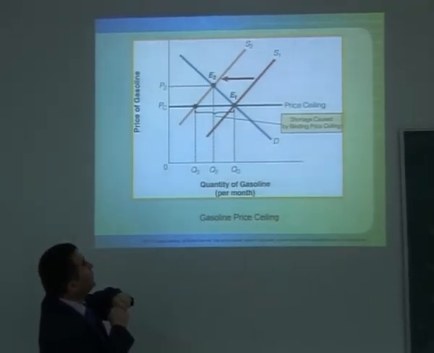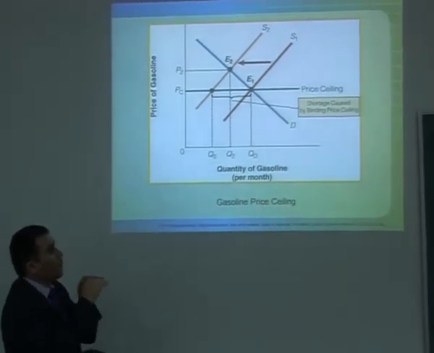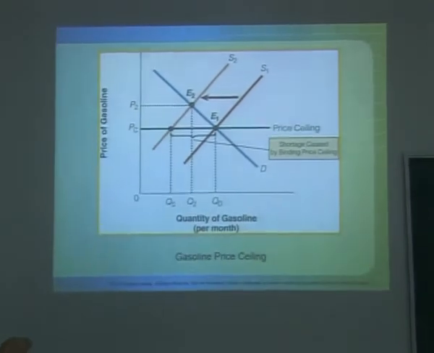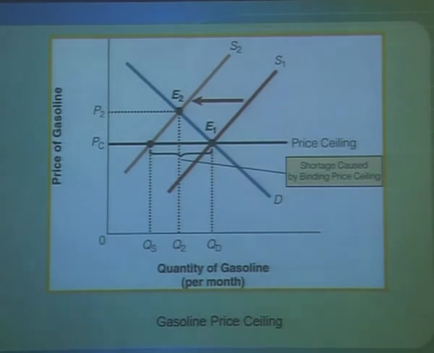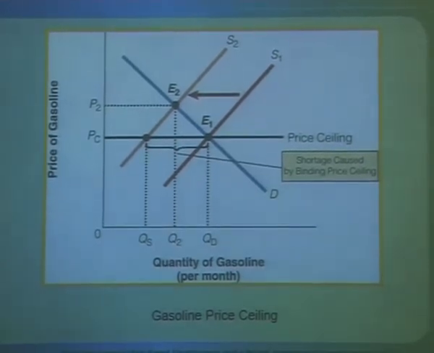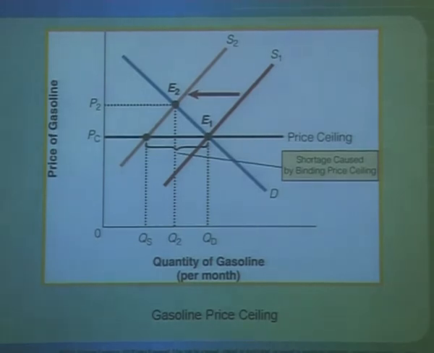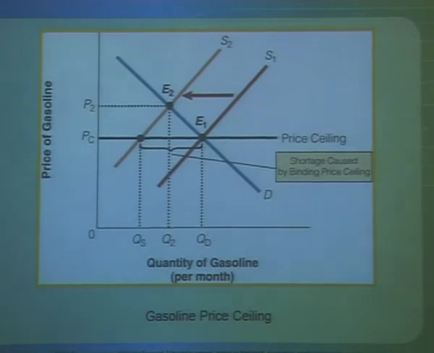Then because crude oil prices go up, gasoline supply goes down. When there is a gasoline supply decrease, the supply curve shifts to the left. So when the supply curve shifts to the left, our new equilibrium point is E sub 2. It means that price has gone up.